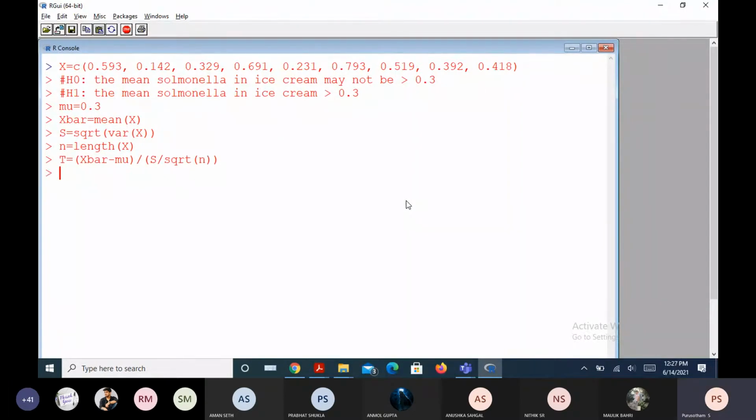X bar will come under the output. X bar is 0.456. The standard deviation is something like 0.212. N is the length, 9, and T is 2.20.